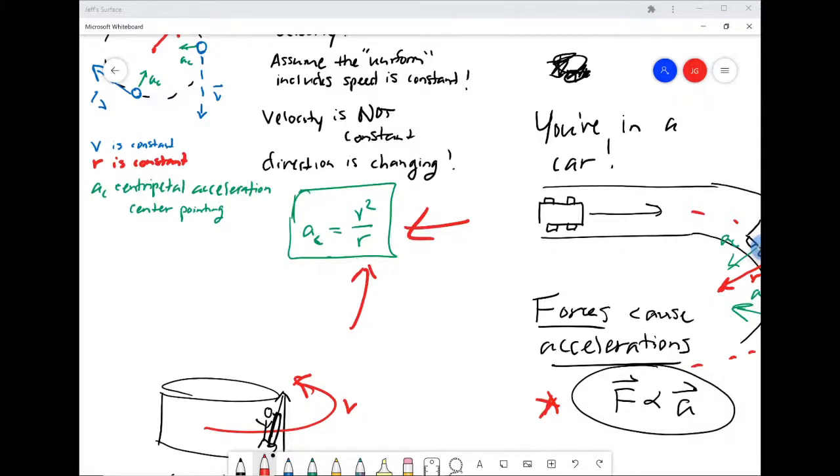So let's set up a problem. Just like I did the projectile motion tutorial, I'd like to do a tutorial on uniform circular motion, which involves a satellite in geostationary orbit.